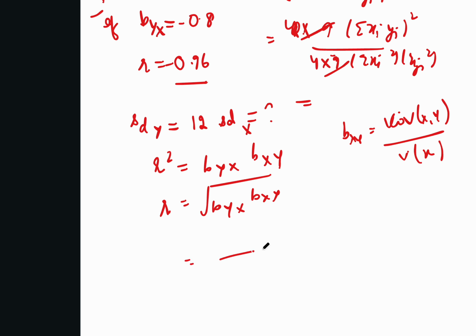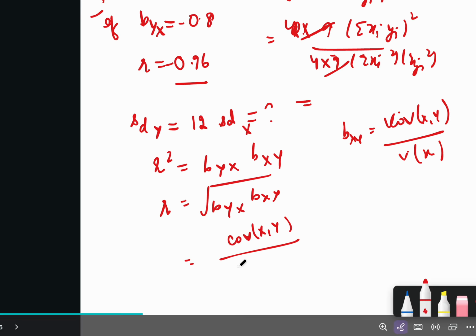So here we have covariance of xy upon standard deviation of x squared is equal to 0.96.